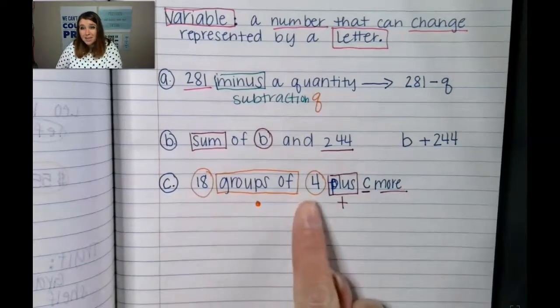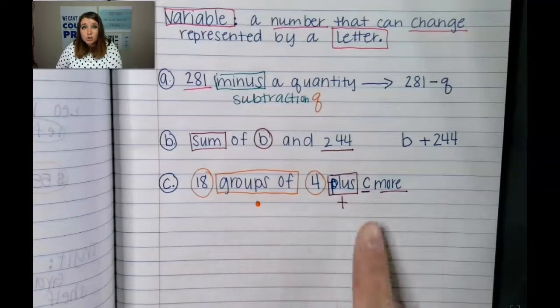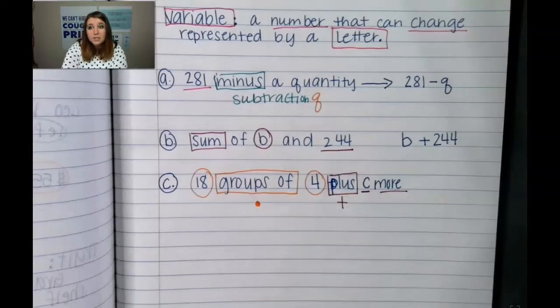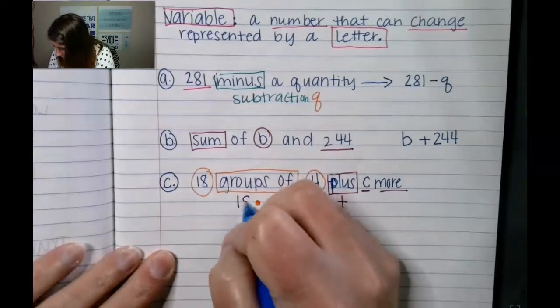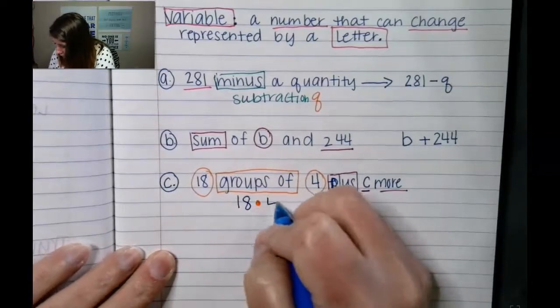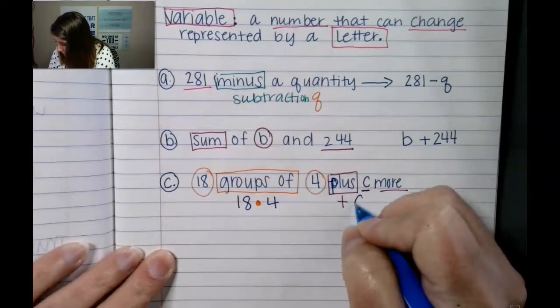Technically I have 3 numbers and 2 operations. This goes back to our order of operations, right? All I'm going to do in this one, because it's addition and multiplication, is I'm just going to drop down my numbers and my letters. So this one is 18 times 4 plus C.